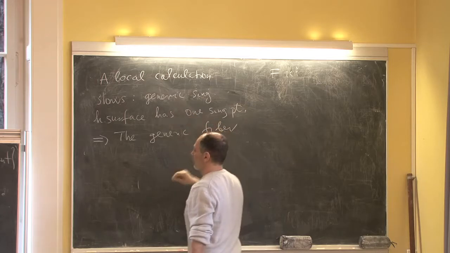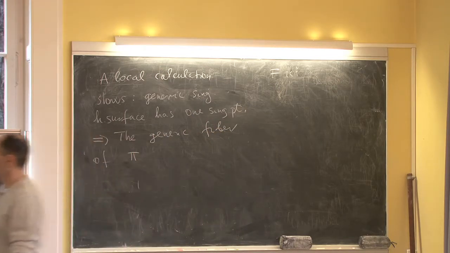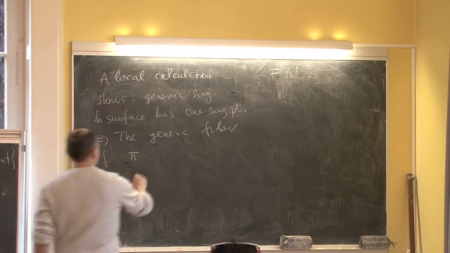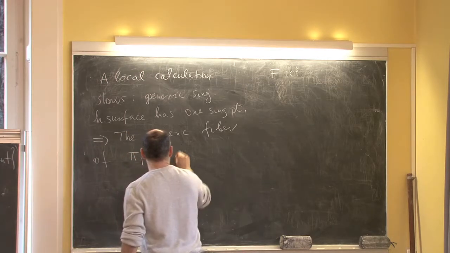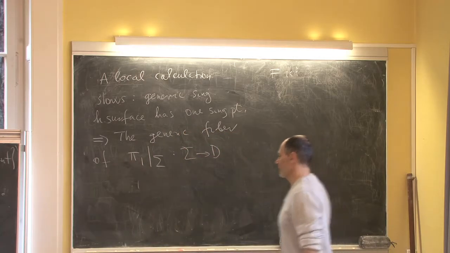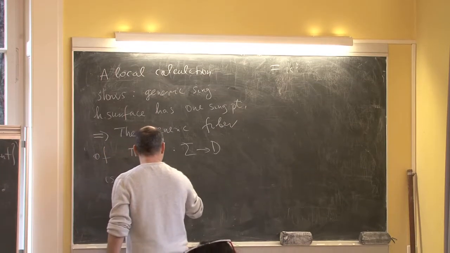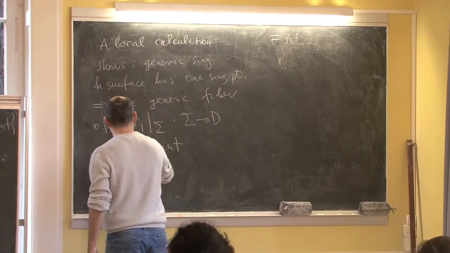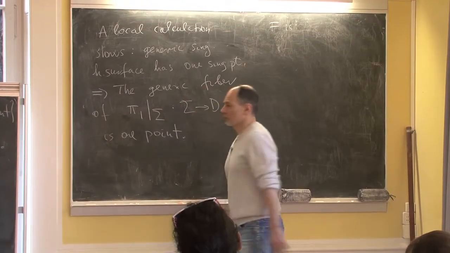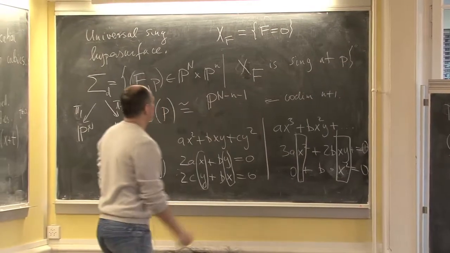that's the same thing, of course, of this map pi 1 restricted to sigma, mapping sigma to D, is one point. Right? So all I'm saying is that now I have pairs, variety and singular point, and that's sigma.